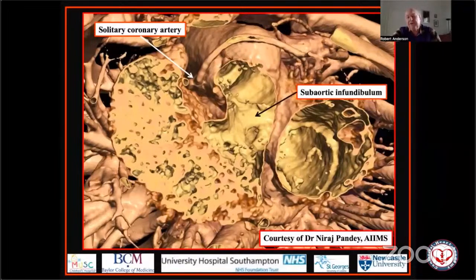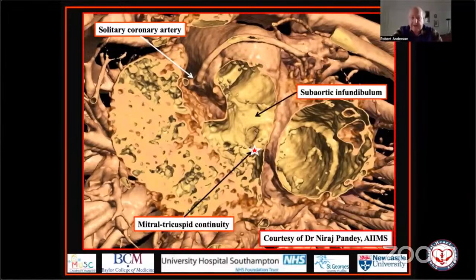And you note that in this particular patient, as we've shown you already, there is a completely muscular subaortic infundibulum. If we look posterior-inferiorly, there's fibrous continuity between the leaflets of the mitral and tricuspid valves. The defect is membranous.